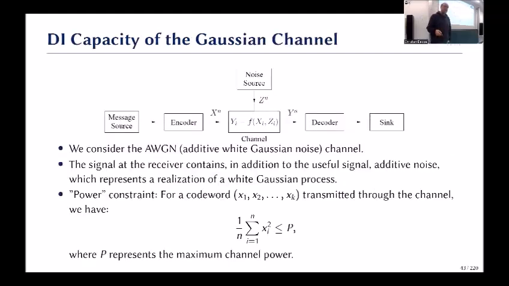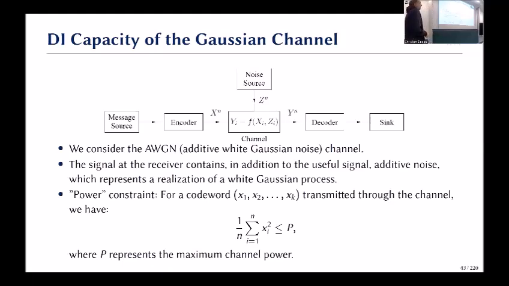Now we want to generalize this to a more realistic channel, that's the Gaussian channel. So we assume that now we have a Gaussian channel with white Gaussian noise. So the encoder can send real numbers, a sequence of real numbers, and the decoder has again made a decision, which was to send messages.